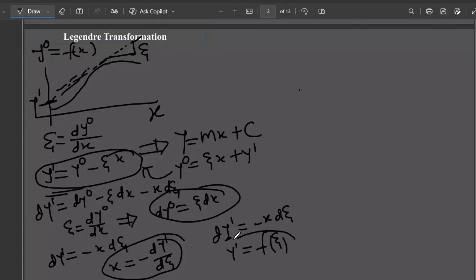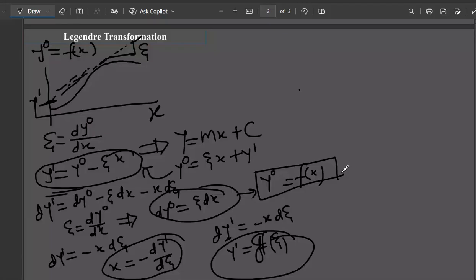We can easily say that y1 is a function of zeta, and also that y0 is a function of x. So this is our function, and this is the standard terminology to convert all these things.